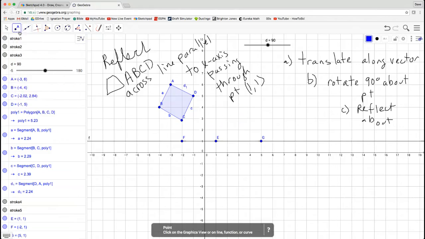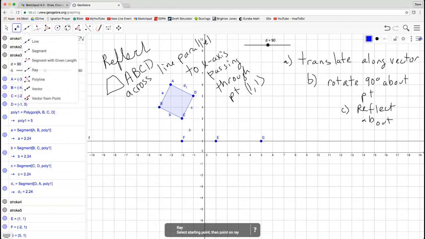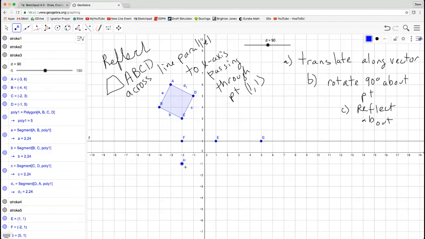If I need to reflect ABCD across this parallel line, I need to make points that are exactly on the other side of this line, the same unit distance. So let me put this right on that point. It's going to make this easier. If I reflect point C, I'm going to be here. Make these green.